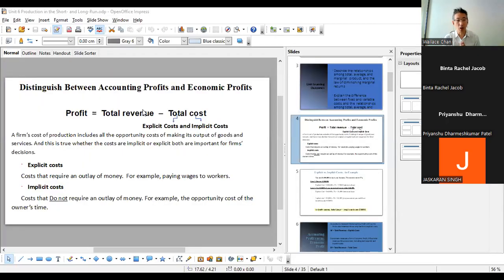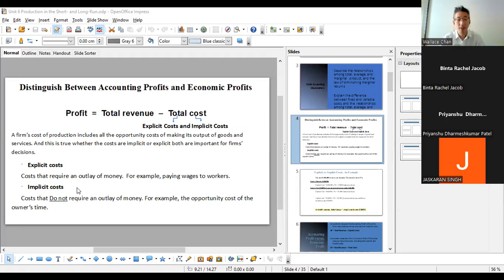First of all, when we talk about profit, please understand that economists look at profit differently from a lot of people. Generally speaking, we say profit is total revenue minus total cost, right? But when economists look at cost, they don't look at only the explicit cost, but also the implicit cost, which is something we talked about previously.